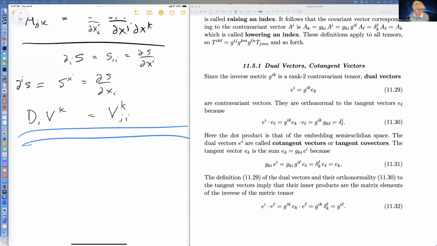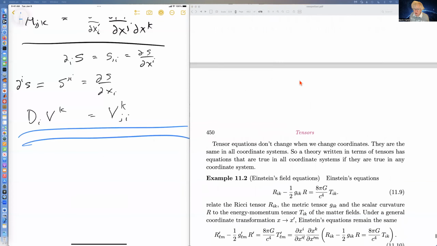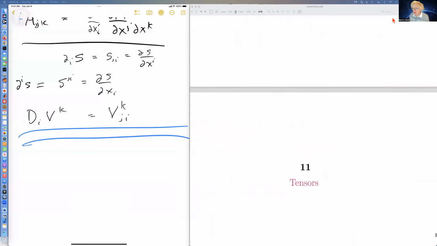And if there isn't any talking or nothing on the chat screen, then I'll just review some of the GR that we were going through.